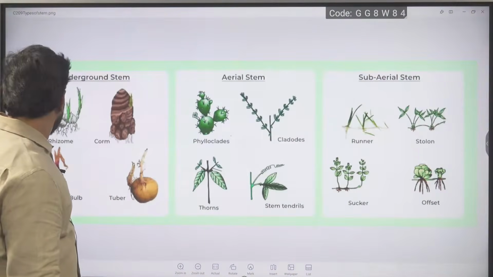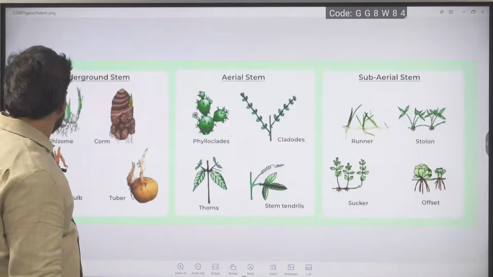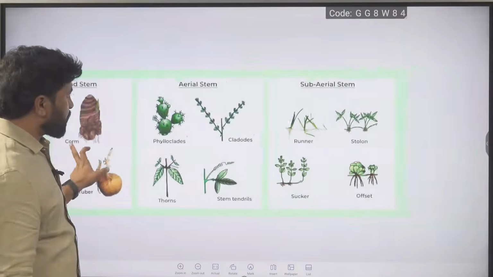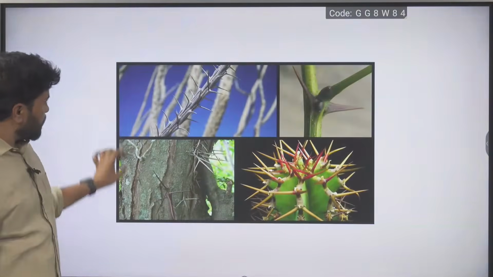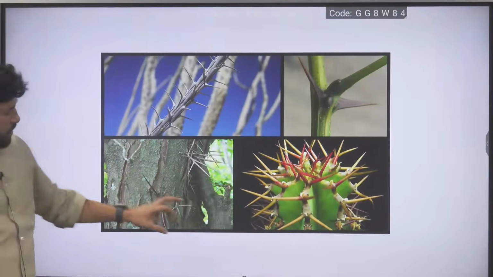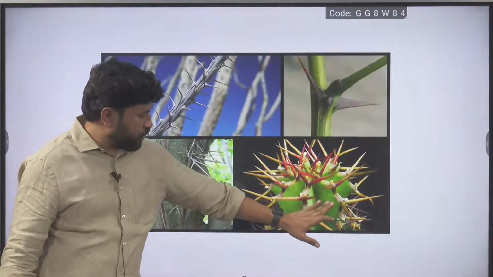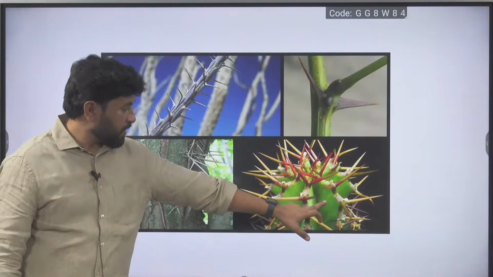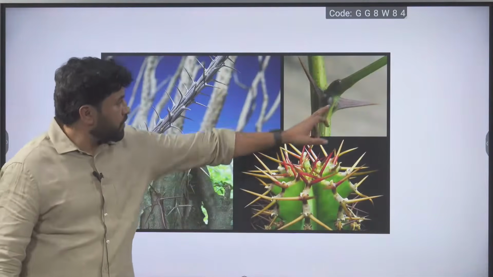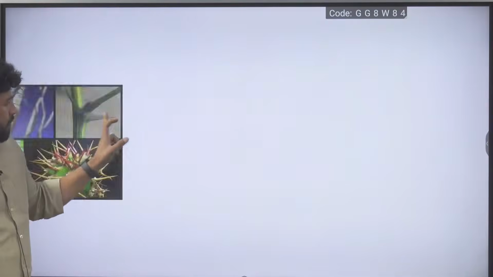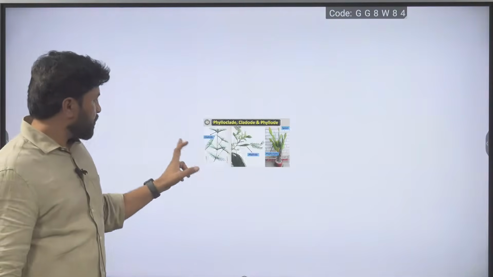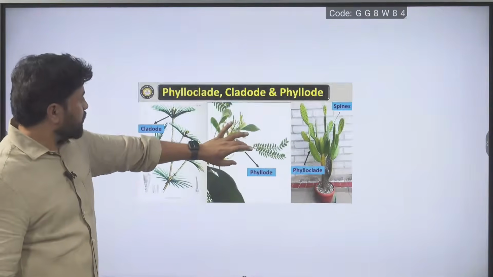See, in case of these, these are all our thorns. See this. These are actually spines. Remember, spines are leaf modification, thorns. Okay. You see this one.